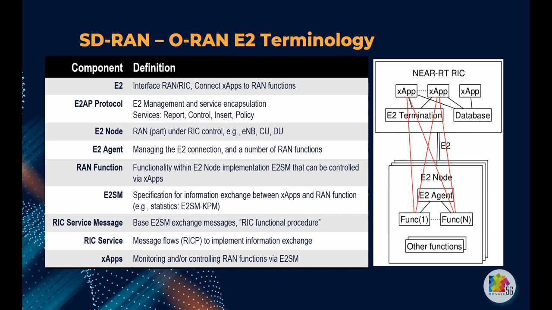And this E2 service model is the red line, allowing the xApp to control or monitor the RAN function. RIC service messages: the RIC defines some service messages. And as we said, we have four RIC services: report, control, insert, and policy, which we will see. And the xApp is actually the end user logic. Whatever that logic is, it is the end user logic.